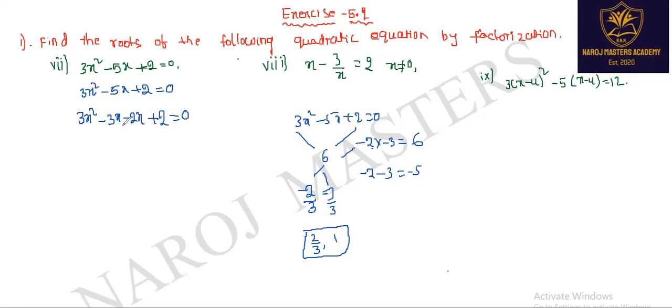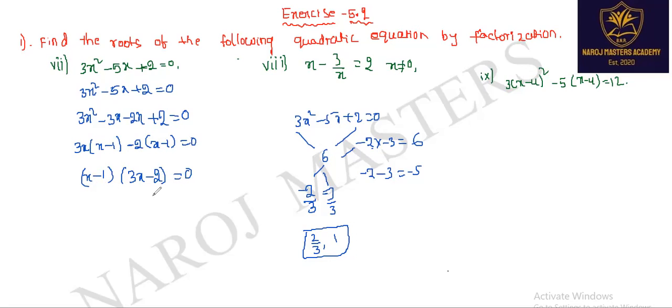Now take 3x common here, then 3x into x minus 1. And here take minus 2 common, then x minus 1 equal to 0. Now take x minus 1 common in both the terms. So x minus 1 into 3x minus 2 equal to 0.